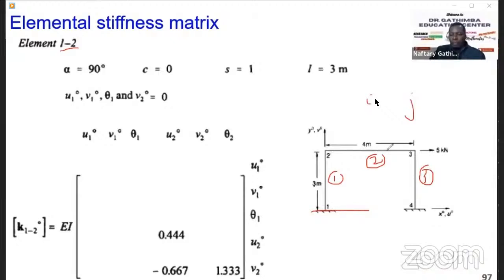So if this is element 2-3, I will be 2, J will be 3. And then we measure the angle at this node, starting from node I, counterclockwise from the positive X direction. So this angle is 90. Okay, that's why alpha or theta is 90. Cos of 90 is 0, sine of 90 is 1. So these are direction cosines. The length is 3. Again, we have simplified matters here.